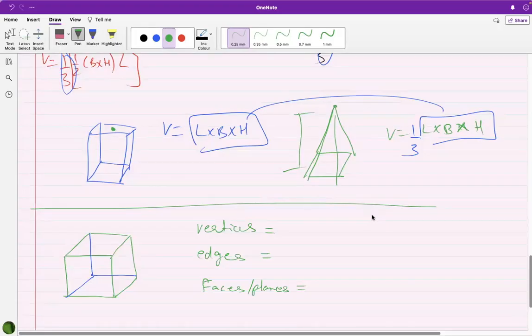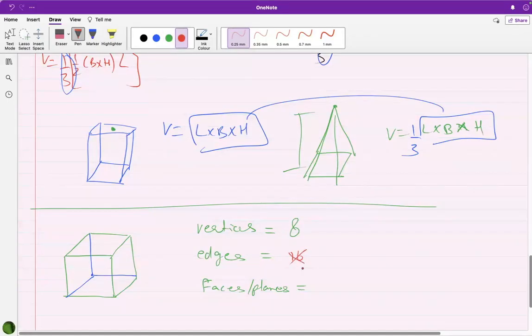Eight vertices? Vertices, 8, correct. Edges, 16?